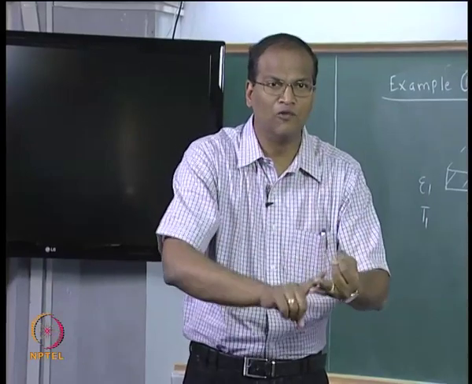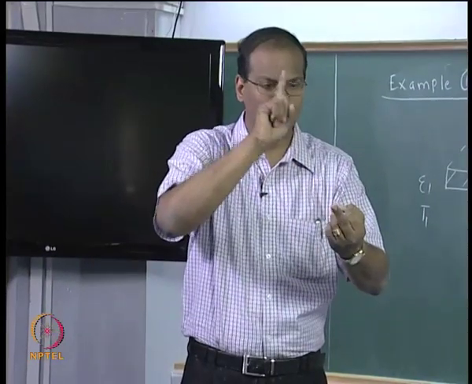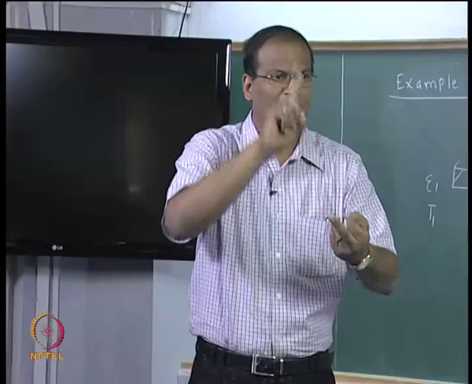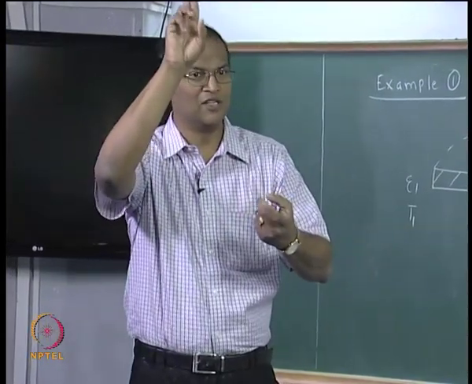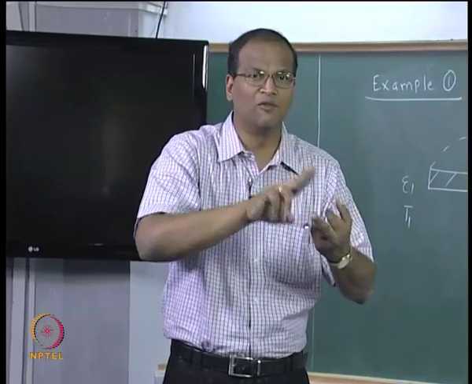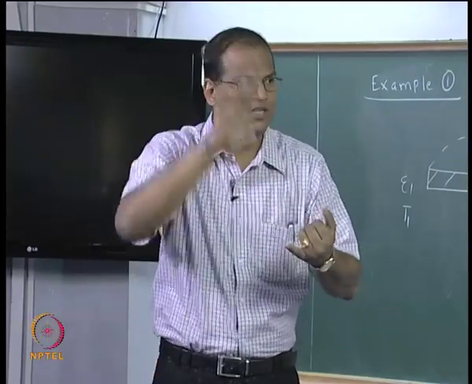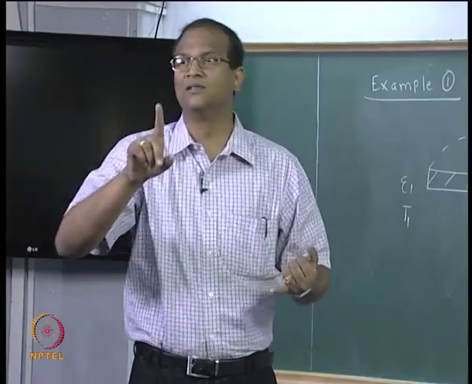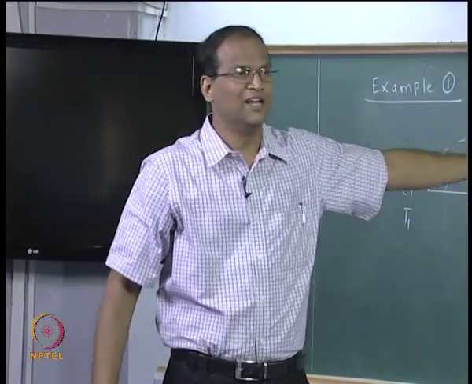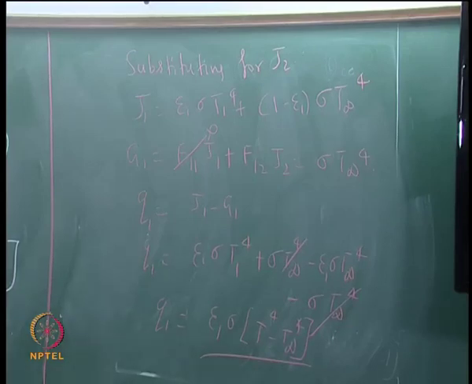The plate is having a uniform radiosity. It is characterized by one hemispherical spectral emissivity. The surroundings temperature is constant. The temperature of the surrounding does not change. There is no irradiation from any other object. There is no other object in the vicinity. Under these conditions, it is a net radiation heat transfer from that body.